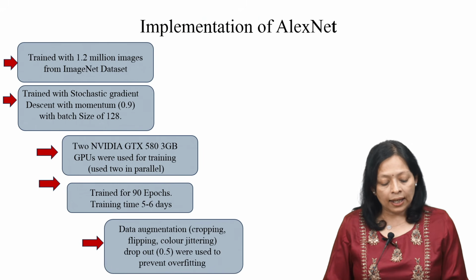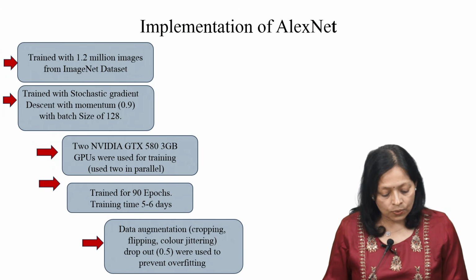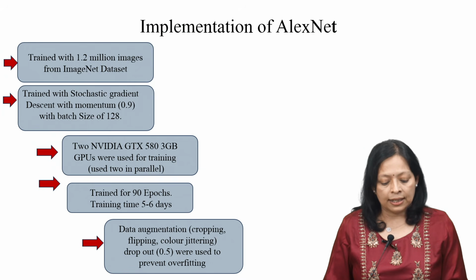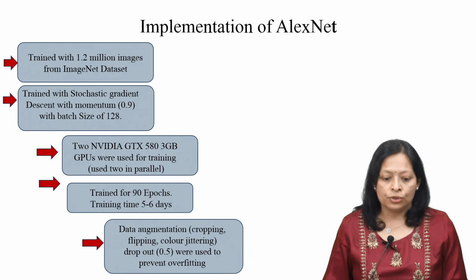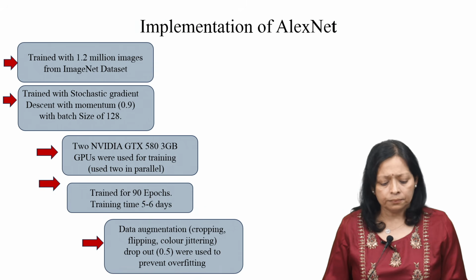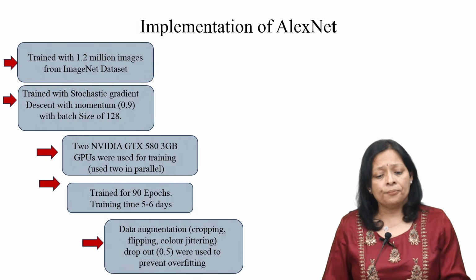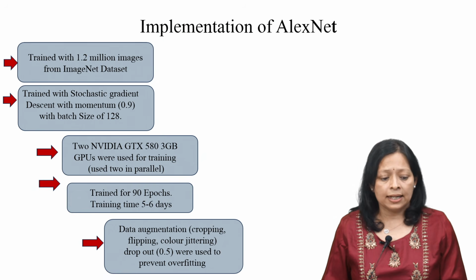Data augmentation was done, like cropping, flipping, color jittering, with a dropout of 0.5 probability. These were used to prevent overfitting. So, these are the implementation details of AlexNet.